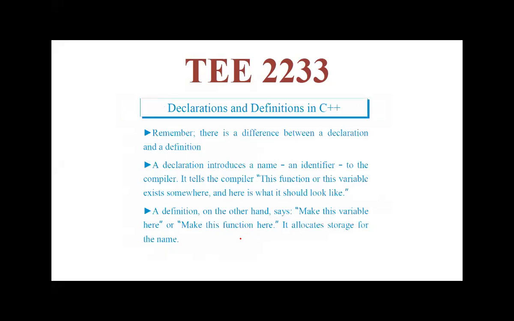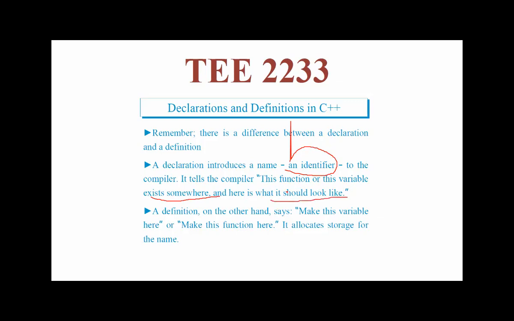Then there's also the issue of declarations and definitions, where a declaration introduces a name, which is an identifier, right? It is saying there will be a function of this form or a variable of this form, and it should look like this.